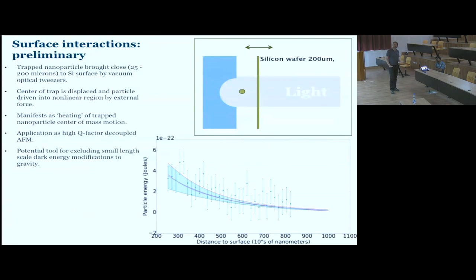Now again, this system potentially has a much higher Q factor, within the limits of, one still has to understand all the effects which influence the quality factor. But in principle, it can be much higher than for a standard AFM tip. So maybe there's something interesting to probe with this because it has a higher sensitivity.